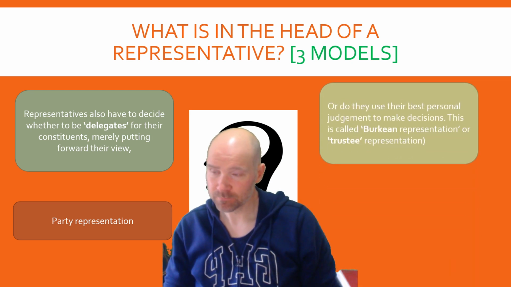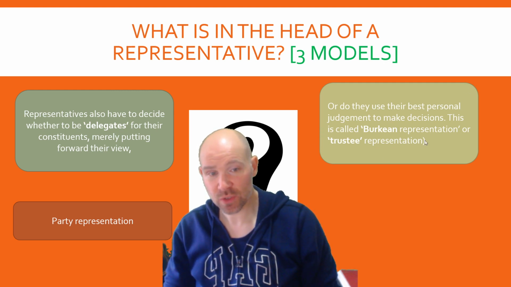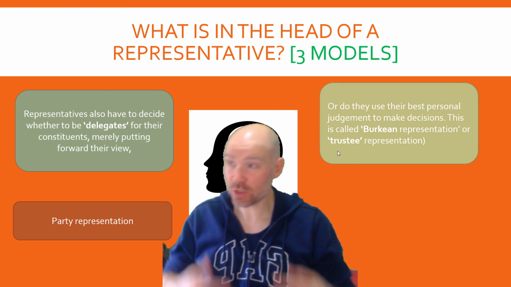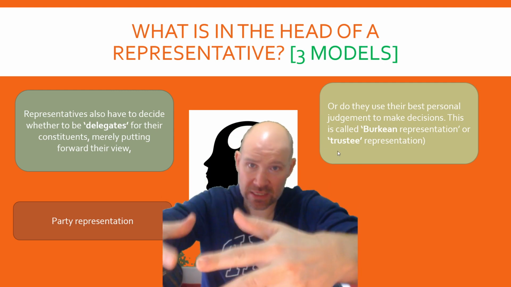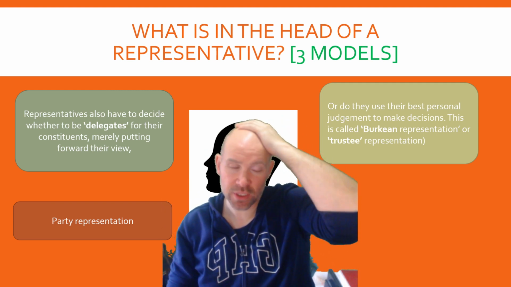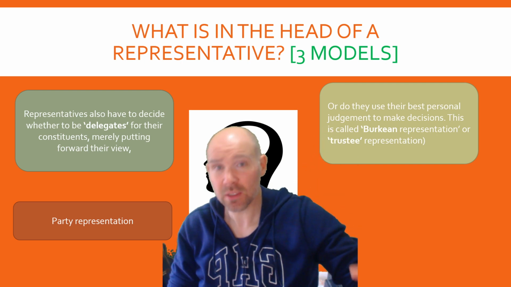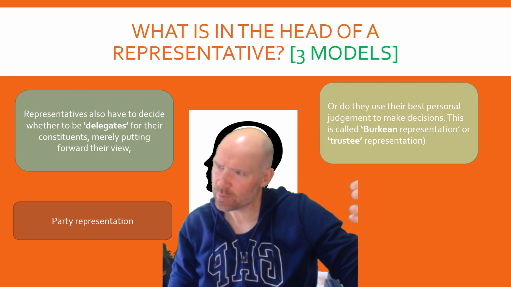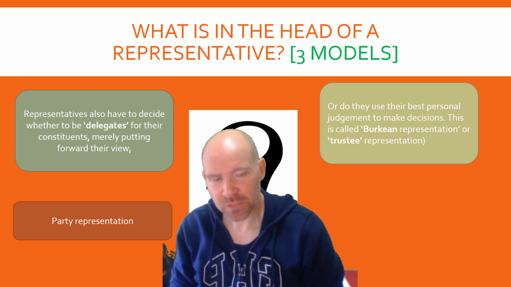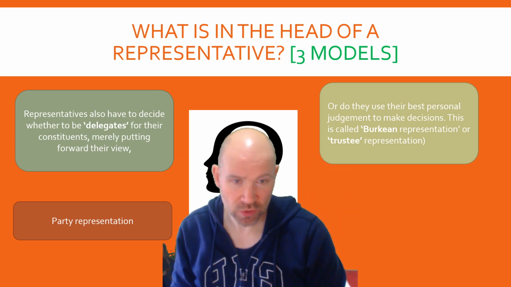The third model is that an MP should actually just use their best personal judgment to make decisions. Now, this is either known as trustee representation, i.e. you trust the representative to make decisions for you, but it's also sometimes known as Burkean representation, because this was an argument put forward by a man called Edmund Burke, spelt B-U-R-K-E, and we'll be looking at him when we get to ideologies later in the course.